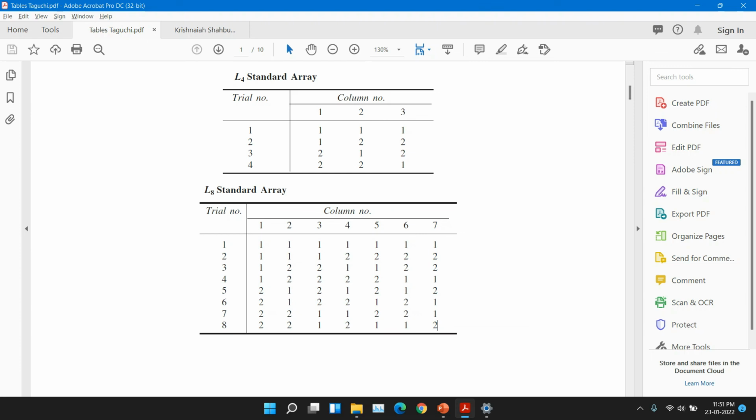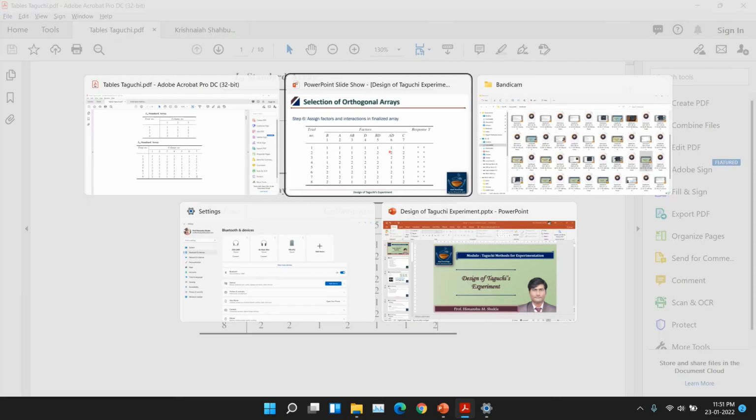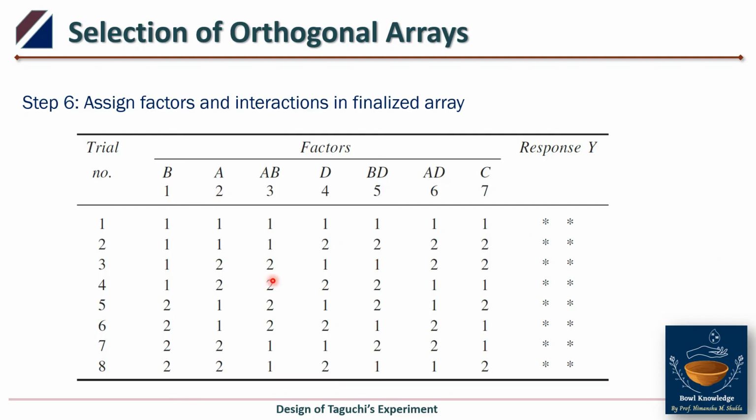The matrix is of 8 rows and 7 columns. These are the standard readings which you can put in your orthogonal array. What are the two extra columns? It is basically the response column. Generally, we do not count the response column in our orthogonal array. So these columns are there, but they are not part of the L8 array.